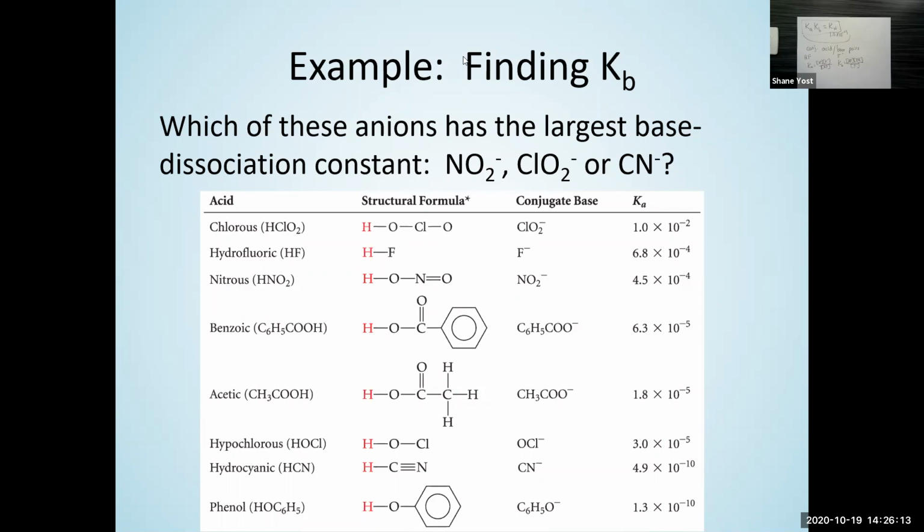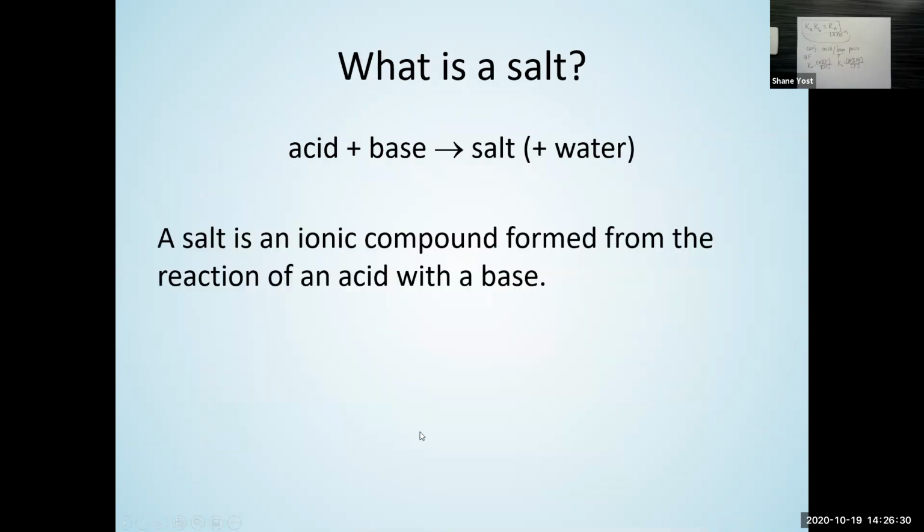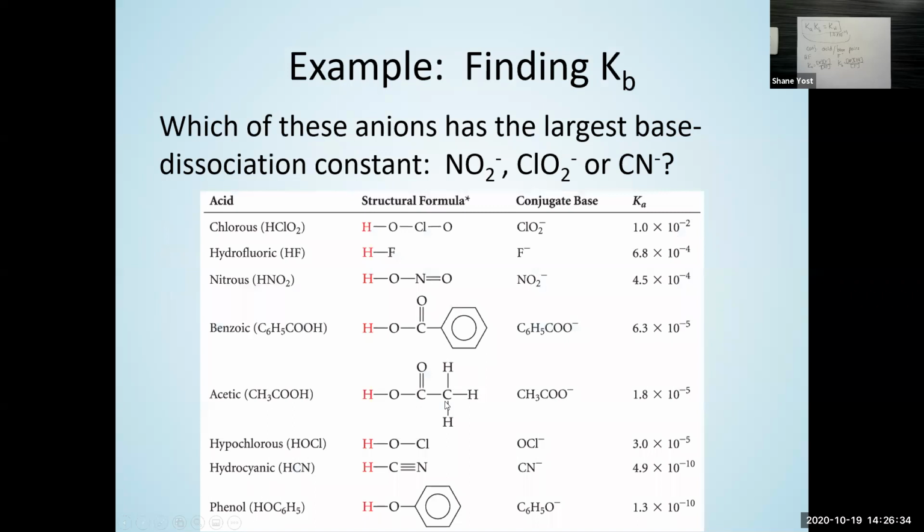Your acid loses a proton to form the base, and the base gains a proton to form the acid. In this chart, the conjugate base is just the same thing as the acid, minus an H plus. Any questions about weak bases before we talk about salt solutions?